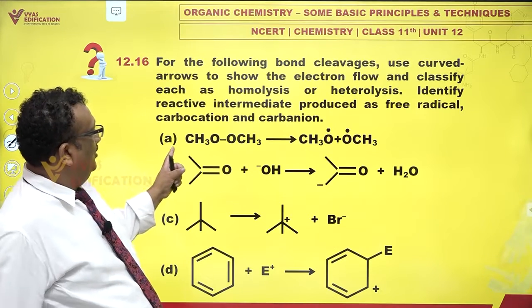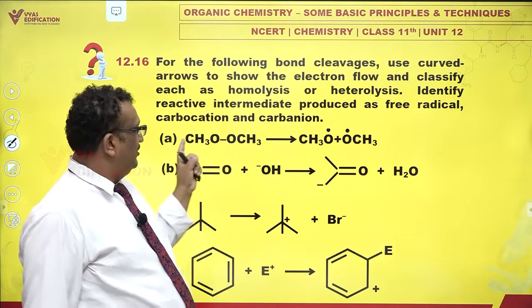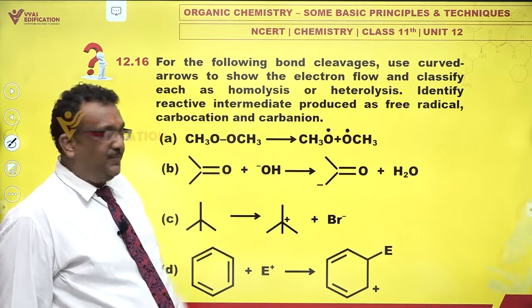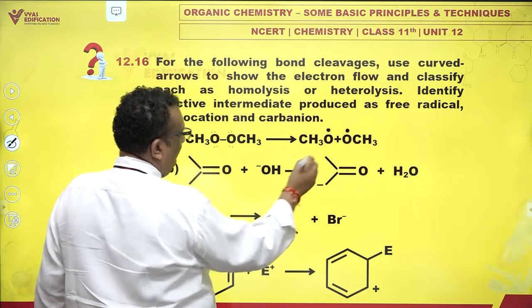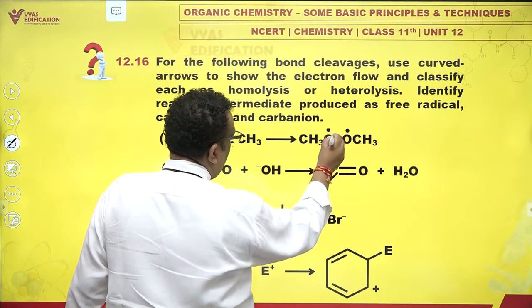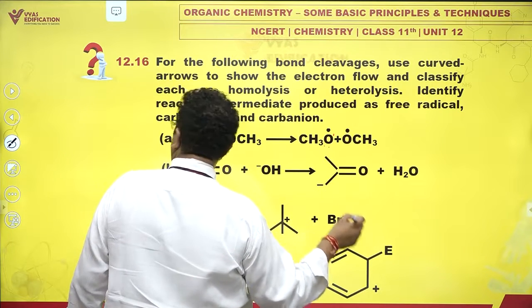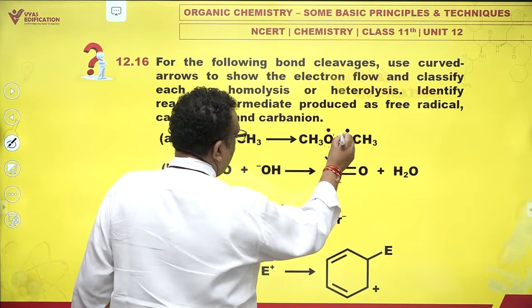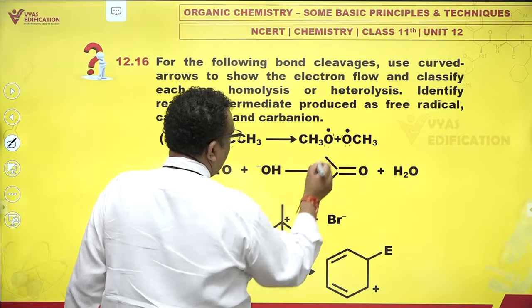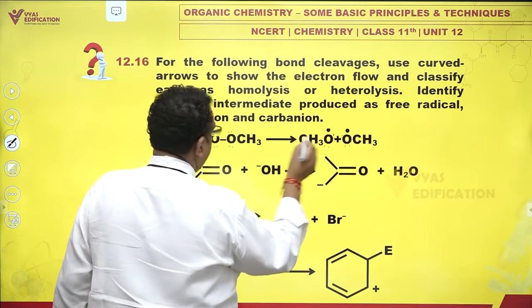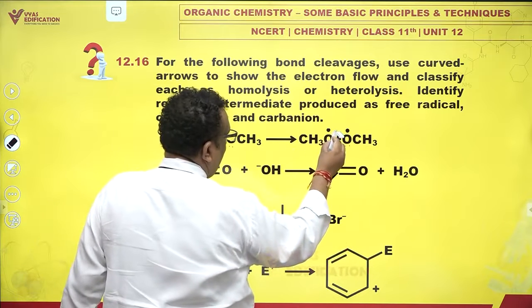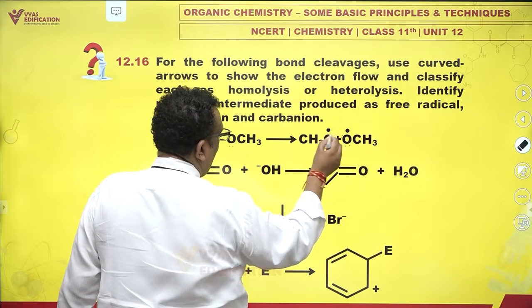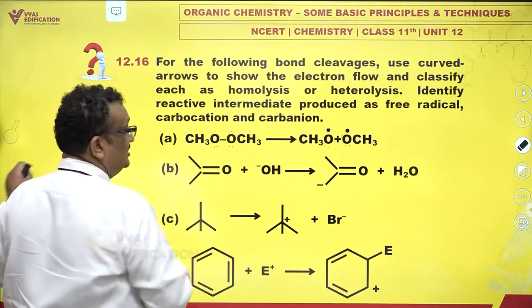Now you have methyl peroxide, CH3OOCH3. Lovely. One must never draw without proper electron clouds. It has to be like this. Eating away electron clouds is never any good person's intention.